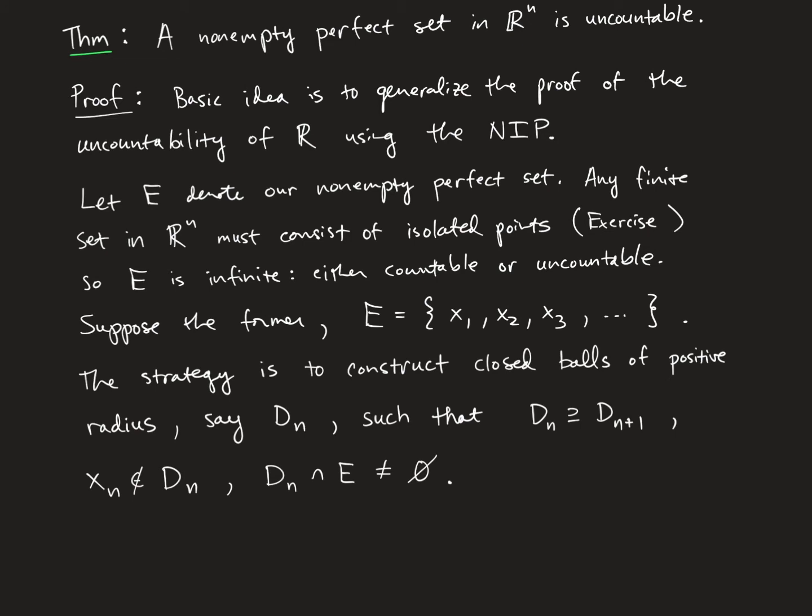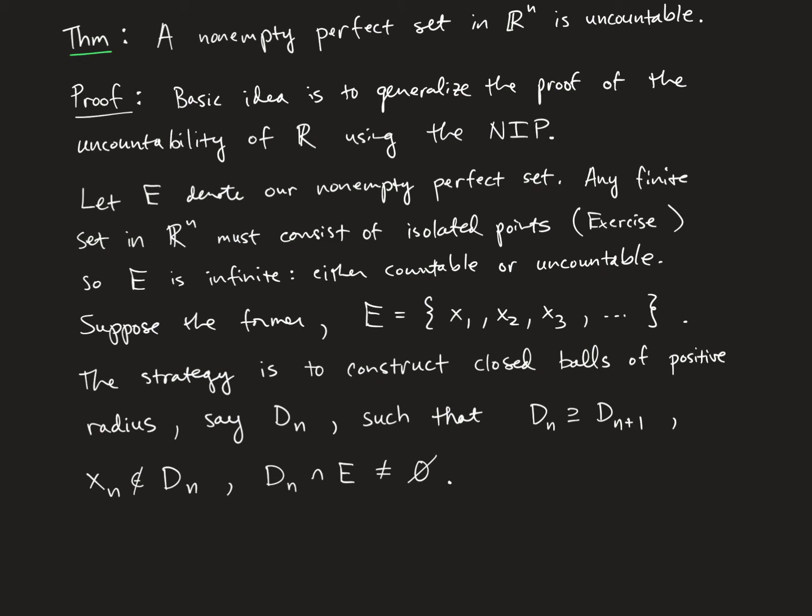So the idea here is, instead of the nested interval property, we're going to use the fact that nested compact sets which are non-empty have a non-empty intersection. These are going to be our nested compact sets. If the balls are nested, then the sets Dn intersect E are nested.